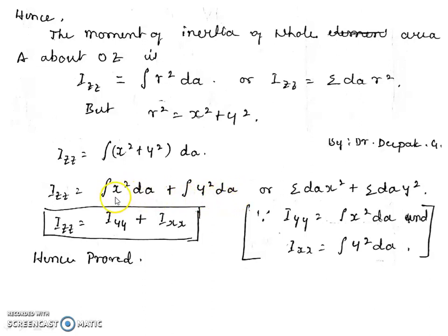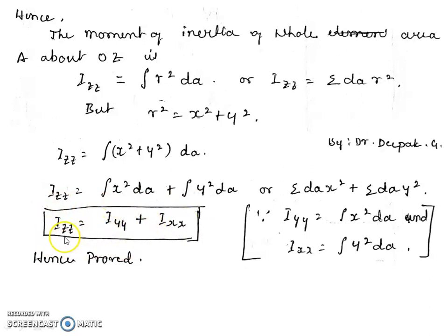The integral of x square dA is nothing but the moment of inertia with respect to the y axis. The integral of y square dA is nothing but the moment of inertia with respect to the x axis. Therefore the equation becomes Izz is equal to Ixx plus Iyy.